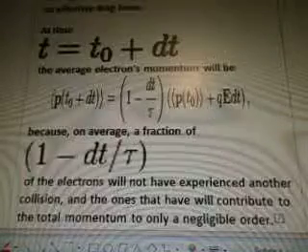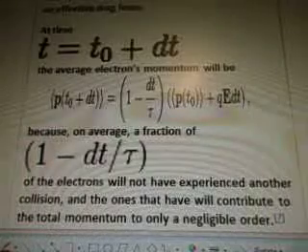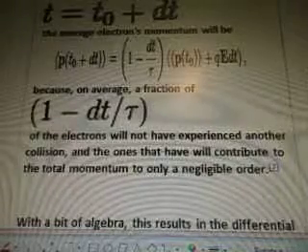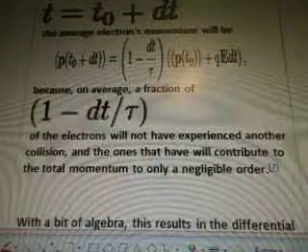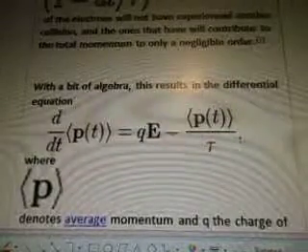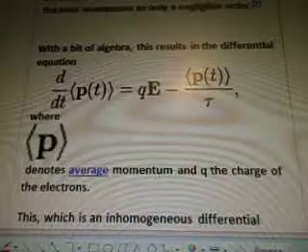The average electron's momentum will be this equation, because on average a fraction of this equation of the electrons will not have experienced another collision, and the ones that have will contribute to the total momentum to only a negligible order. With a bit of algebra, this results in the differential equation.